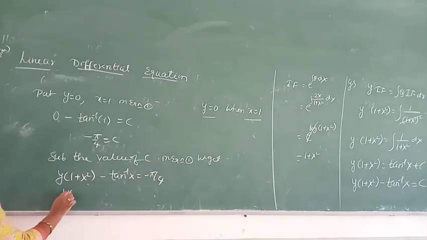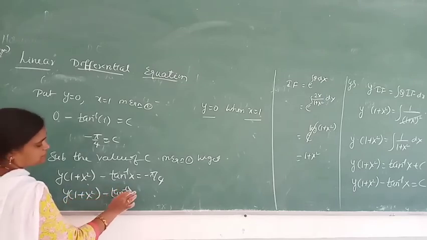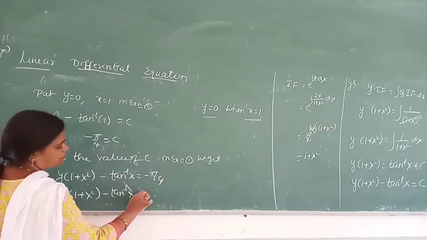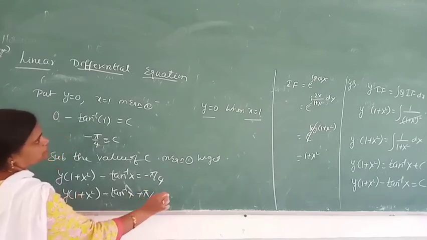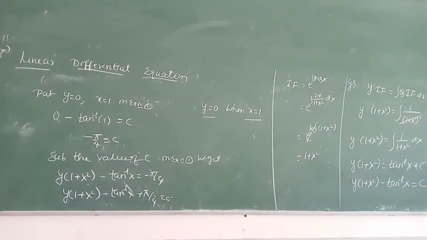Or we can write y into 1 plus x square minus tan inverse x plus pi by 4 equal to 0. This is the particular solution of the given differential equation. Suppose they mention the values of y and x. Okay.